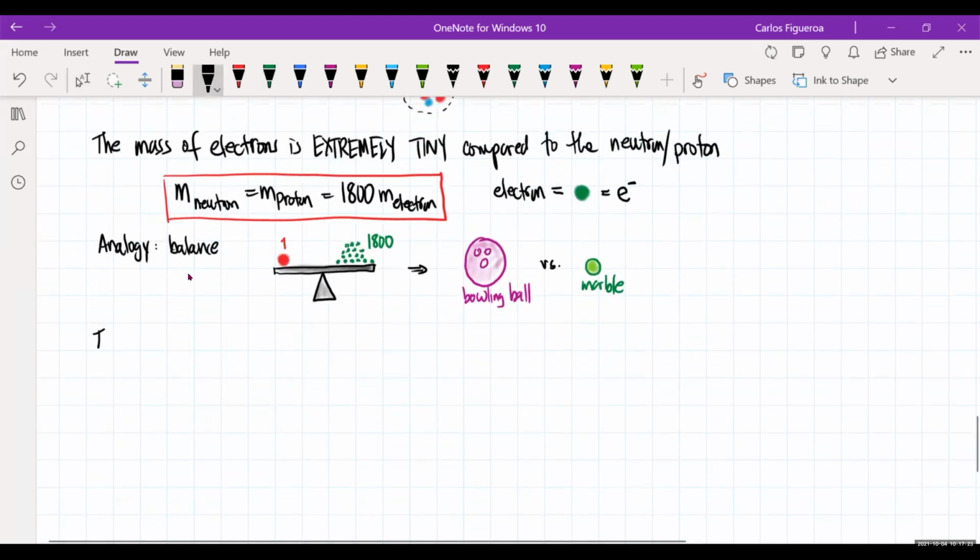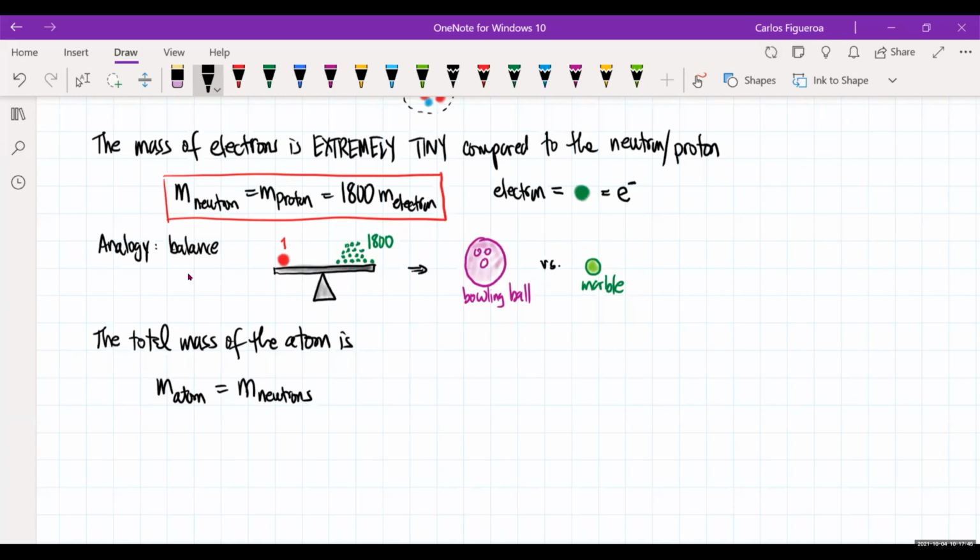That being the case here, check it out. The total mass of the atom is going to be what? The mass of the atom. And we could see here that I'm going to have the mass of the neutrons plus the mass of the protons, that's the nucleus, plus the mass of the electrons.